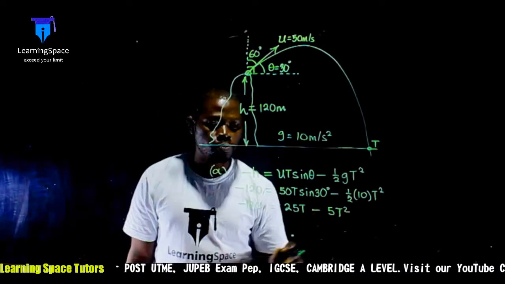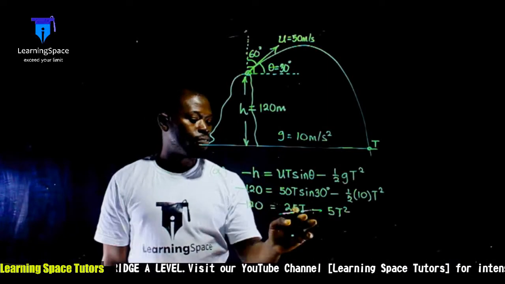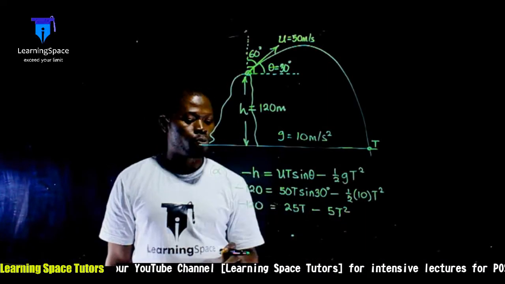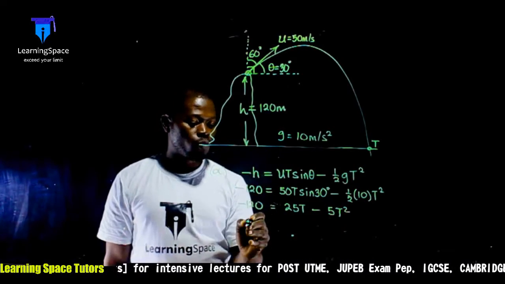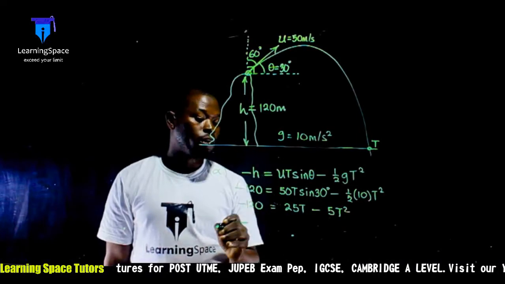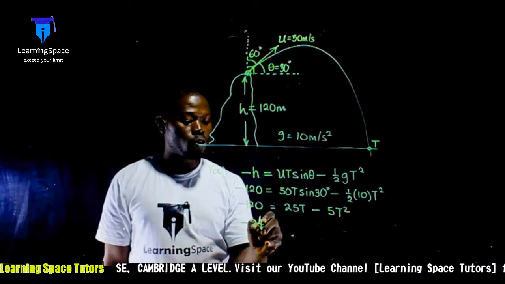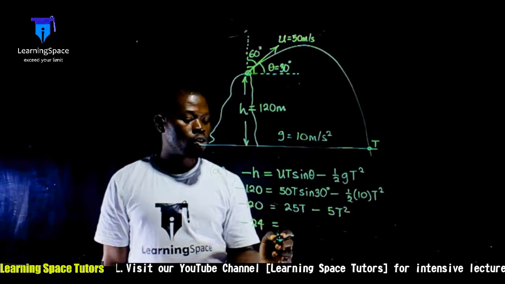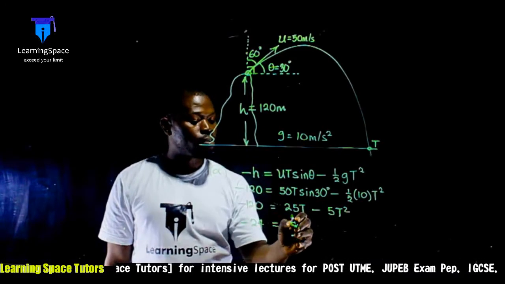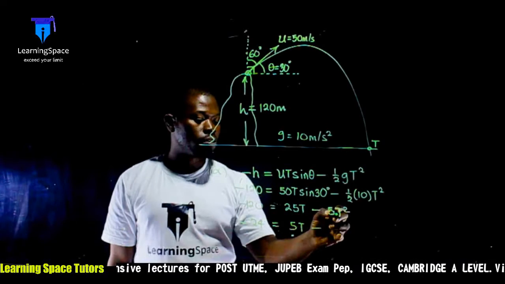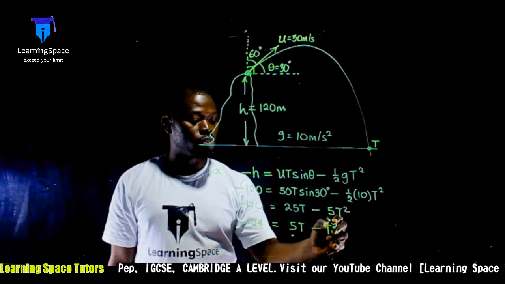So this expression, we can decide to divide all through by 5 in order to simplify it. 120 divided by 5 gives us 24, equals 25 divided by 5, which is 5t, minus 5 divided by 5, which is 1, so t squared.